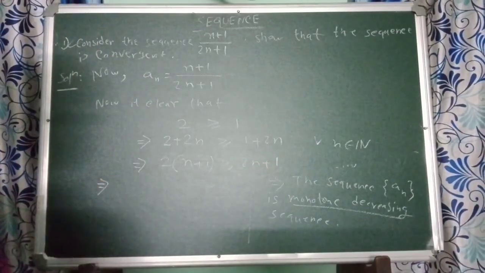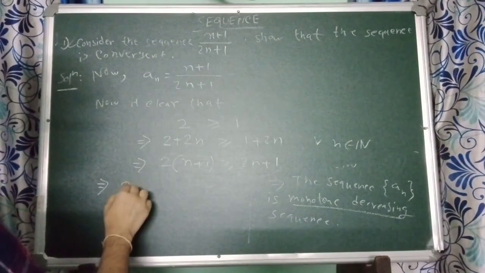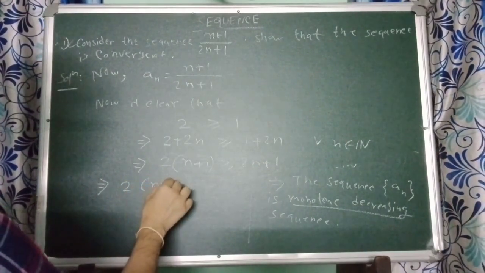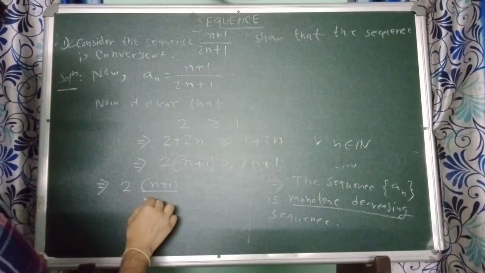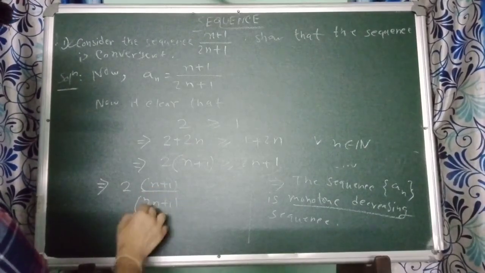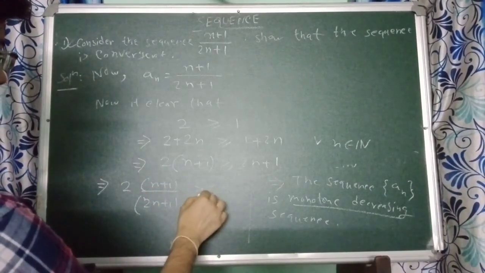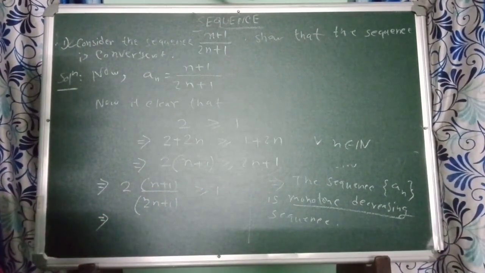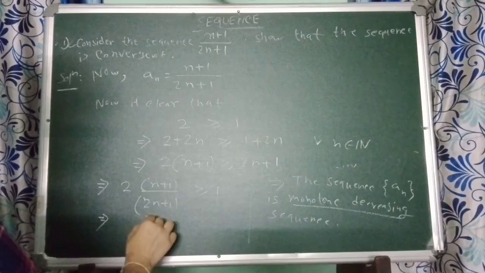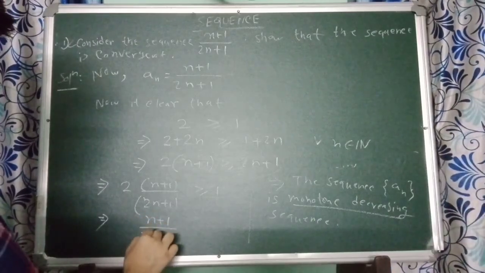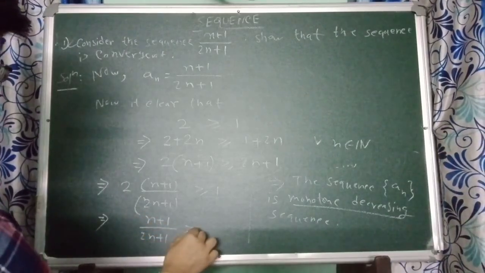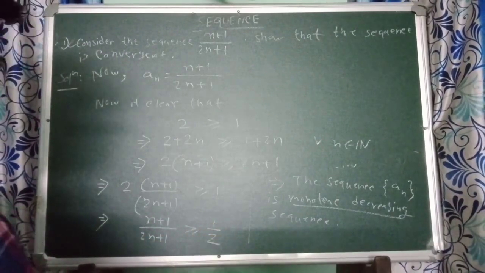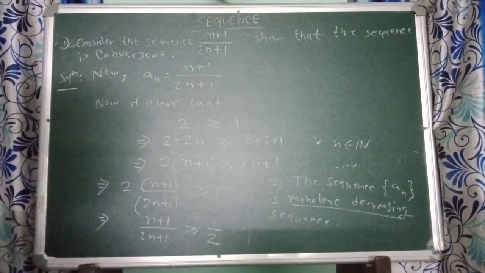This shows that 2 into (n+1) divided by (2n+1) is greater than or equal to 1. So (n+1)/(2n+1) is greater than or equal to half.